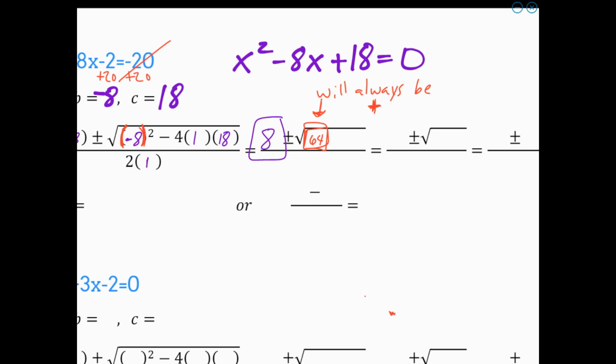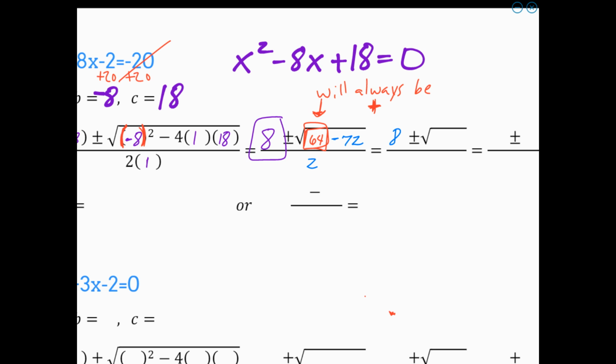Then what is negative 4 times 1 times 18? 72. So we've got a minus 72. What's going to happen underneath my radical?